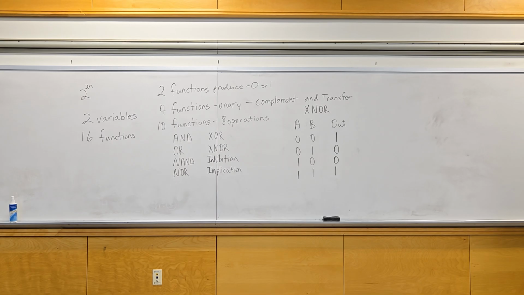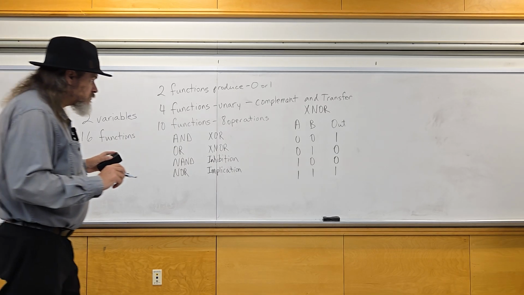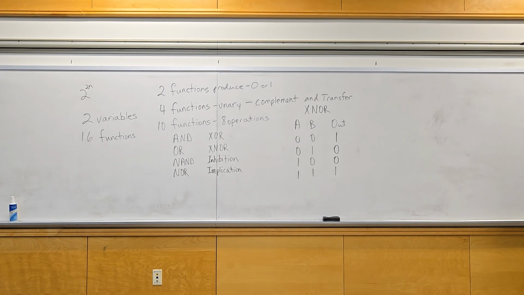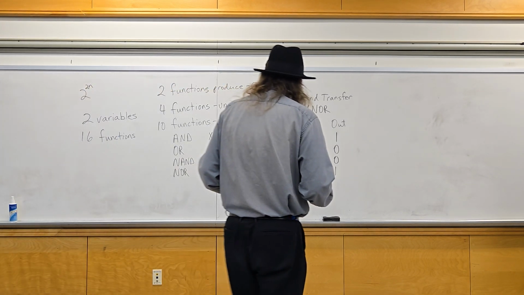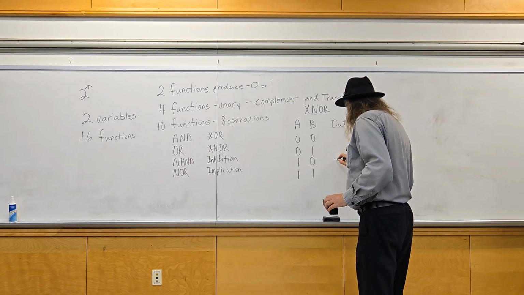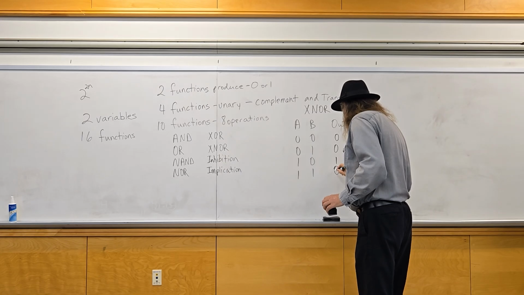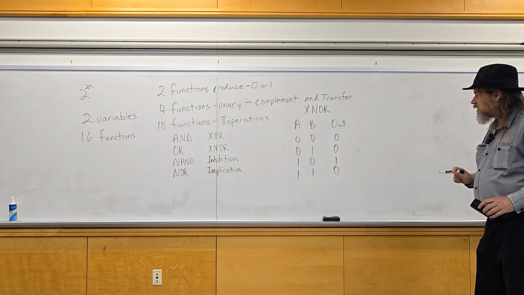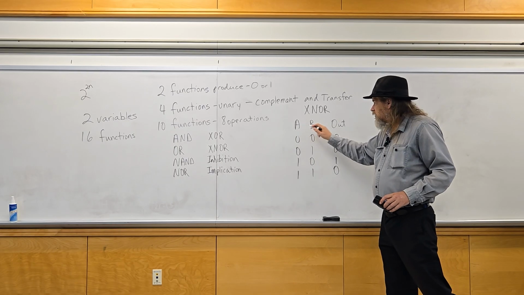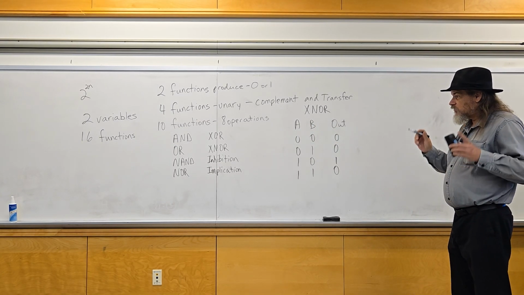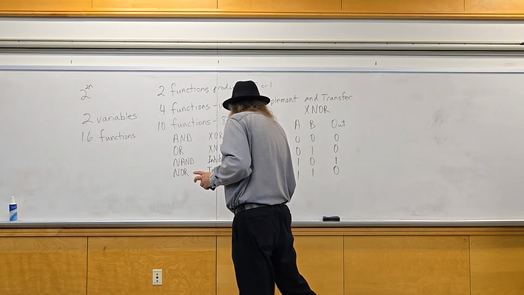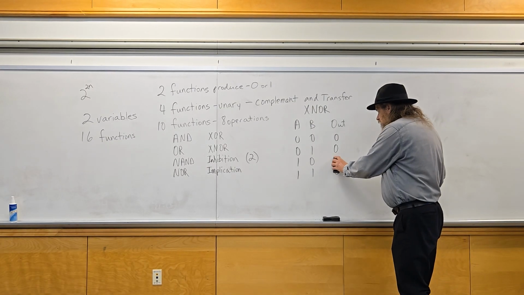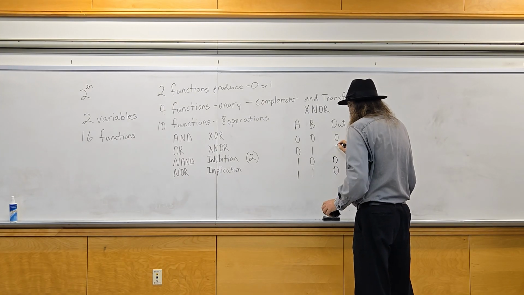Inhibition is X but not Y. So X and not Y. So that's a 1 here, and the A but not B. There's 2 inhibitions: one for A and not B, and the other one is B but not A.